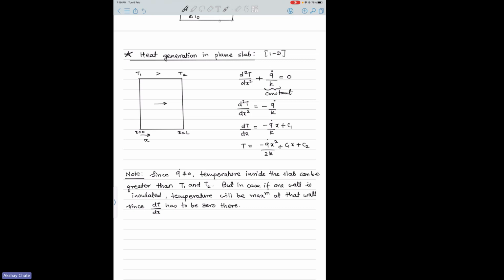When it is insulated, the temperature gradient with respect to the x direction should be 0, and therefore it should be a horizontal line as far as this figure is concerned.